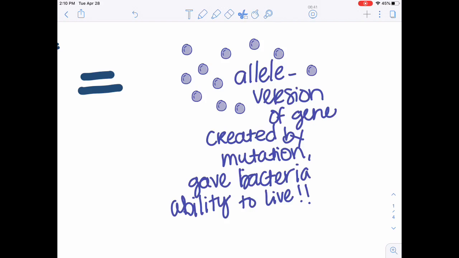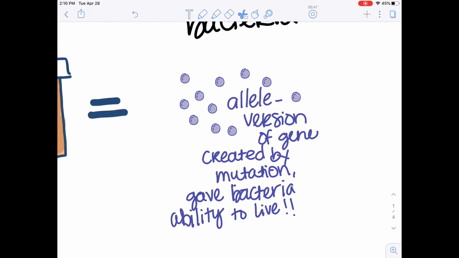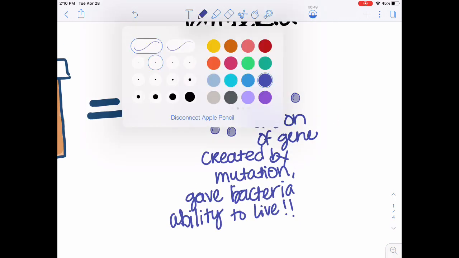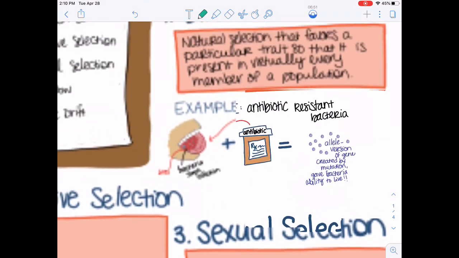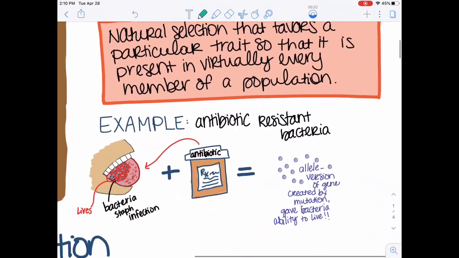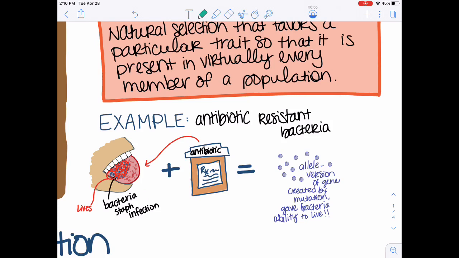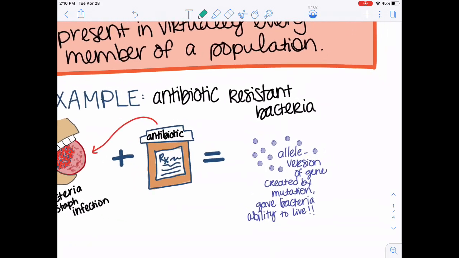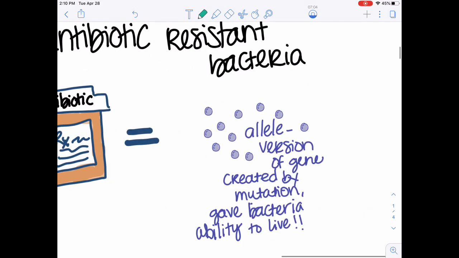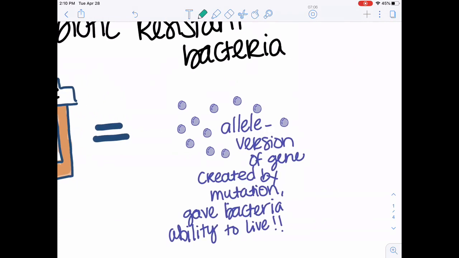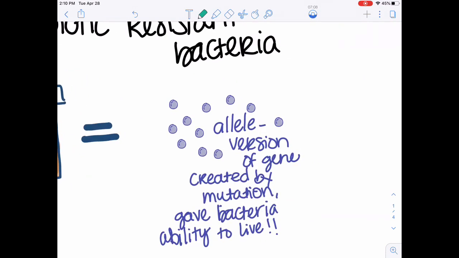So the antibiotic is no longer effective, which is not cool at all. But again, this is an example of directional selection in that one specific trait is selected for. In this example, it's the trait that gives that bacteria the ability to live through that antibiotic. So all members of our new species have that same allele.